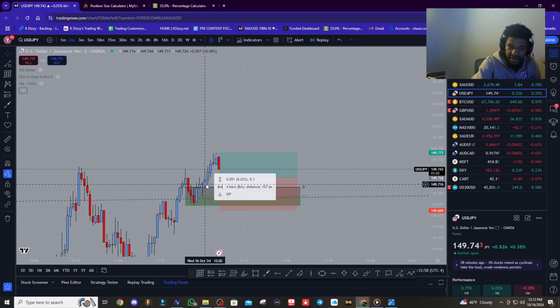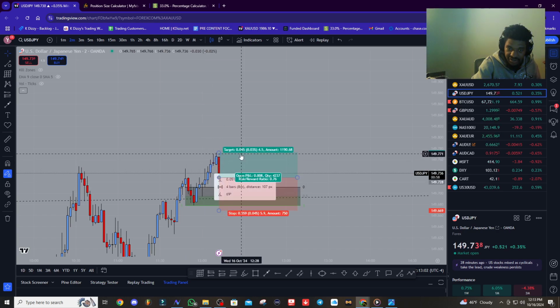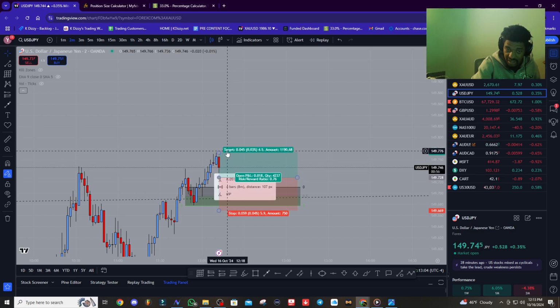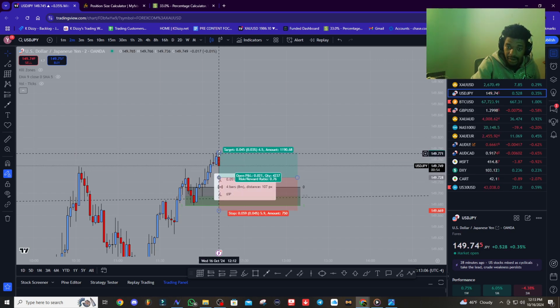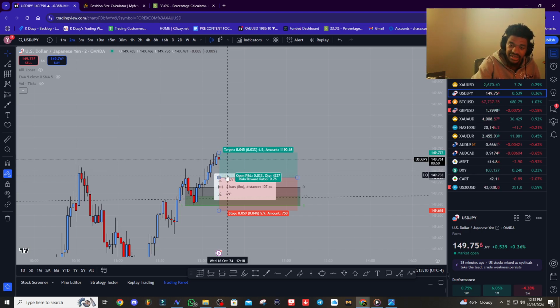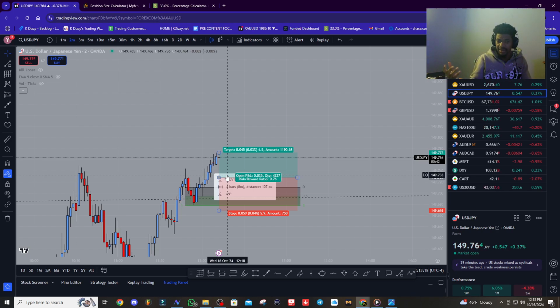So if I put my entry right here at this time, and then I close my entry before it started selling, and I closed it up here, I would have made 0.76 times what I risked, which I'm still up. I just didn't make a one to one, but I still made money.